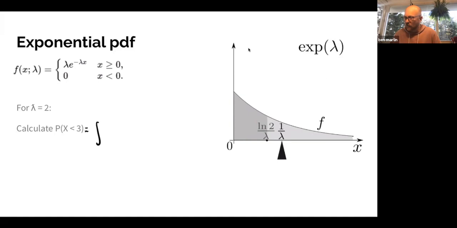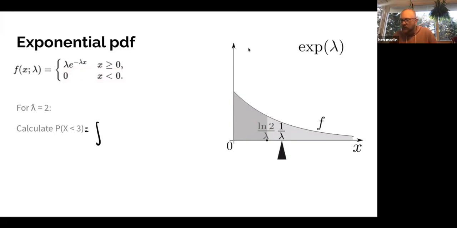Support is a word for this here, the part of the function that's not 0. See the 0 part here. So the part of the function that's not just uniformly 0 is referred to as the support of the function.